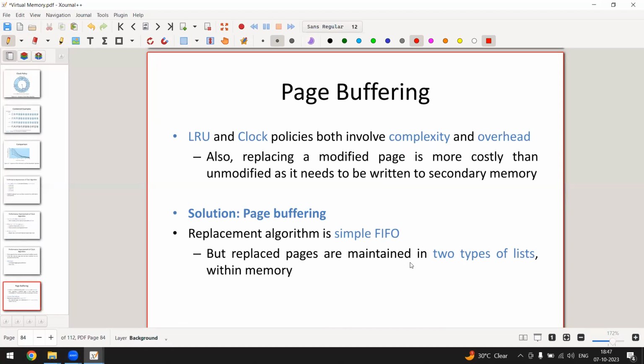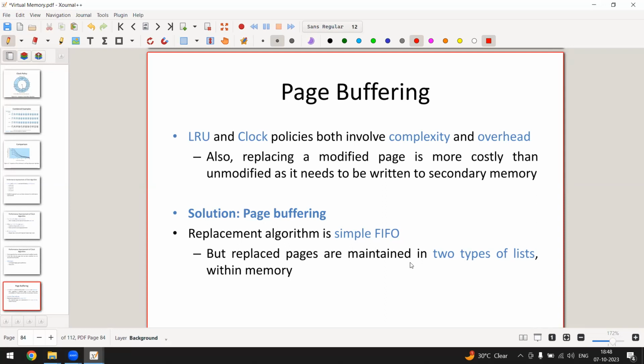As you know, LRU and clock policies both have complexity and overhead. On paper itself, we find it difficult to trace. If we implement it as a system, definitely it's going to take a lot of overhead. Also, replacing a modified page is more costly than an unmodified one because it needs to be written back to the secondary memory.